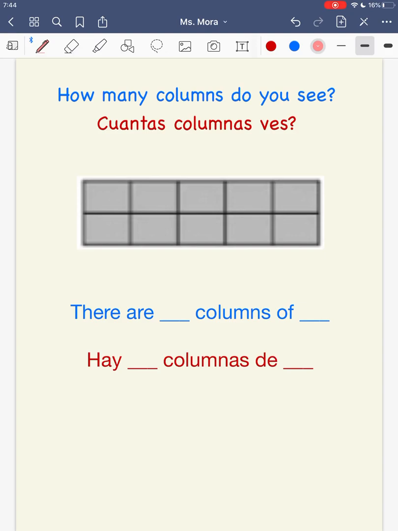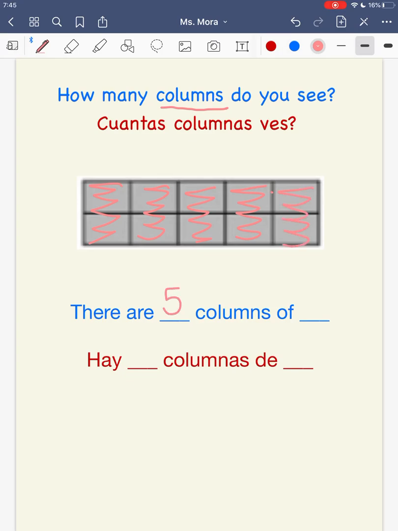Okay, guys. So if I want to look at the columns, okay, here's 1 column, 2 columns, esas son mis columnas, 3 columns, 4 columns, 5 columns.